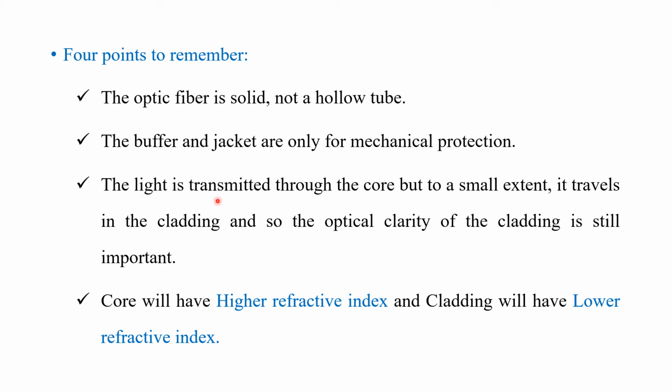Then the light is transmitted through the core, but to a small extent it travels in the cladding, so the optical clarity of the cladding is still important. The last point, the core will have a higher refractive index and the cladding will have the lower refractive index.